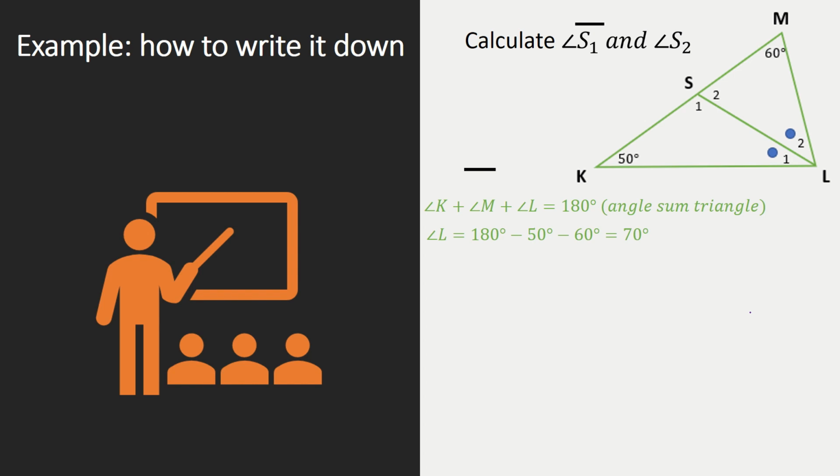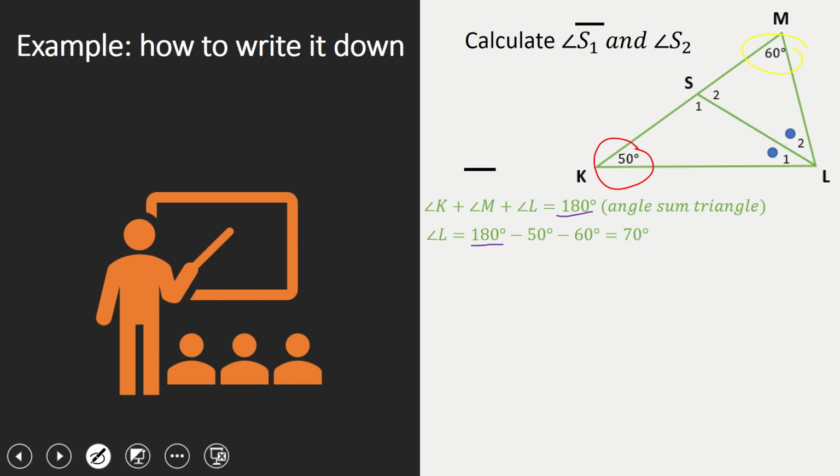Then we know that if we subtract 50 and 60 from 180, that is how we will get angle L. So I did 180 degrees because of this rule, minus 50 because 50 is angle K, and minus 60 because that is angle M, and that is 70 degrees.